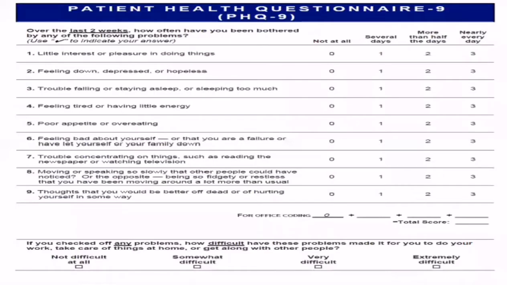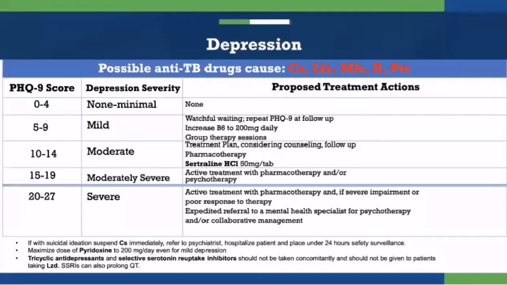So this is the Patient Health Questionnaire 9 or PHQ-9, and we are using this to assess the patient with regard to the severity or grading of any depression. So if your PHQ-9 score is between 10 to 14, that can be considered a moderate severity of depression.